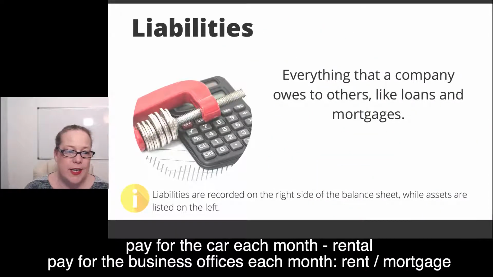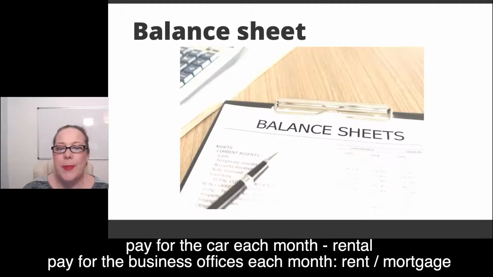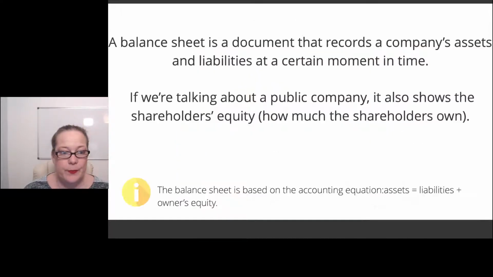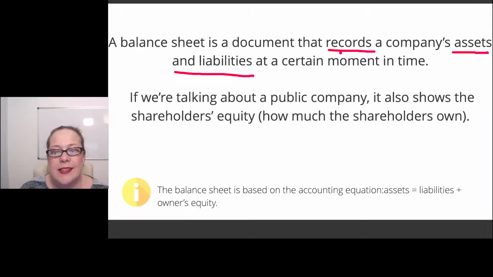Okay, let's continue. So a balance sheet is one of these financial documents. A balance sheet is a document that records a company's assets and liabilities, which is what we just looked at, at a certain moment in time.